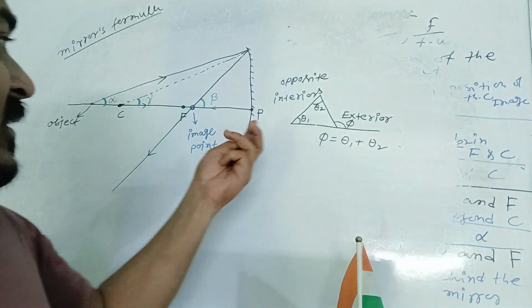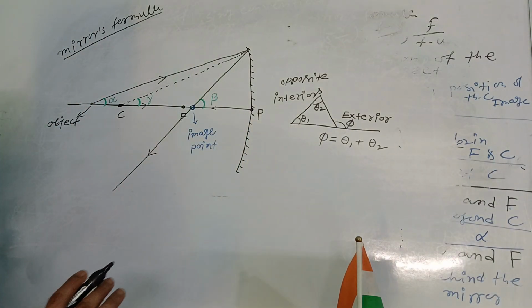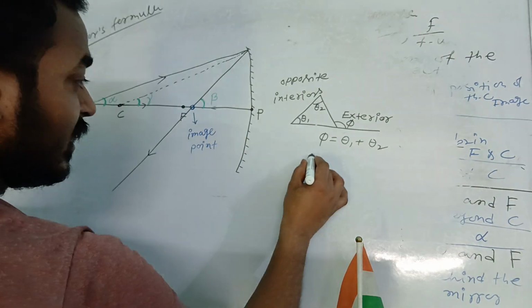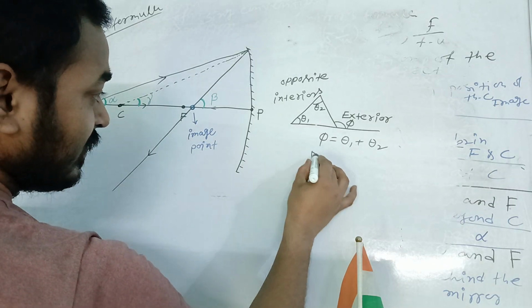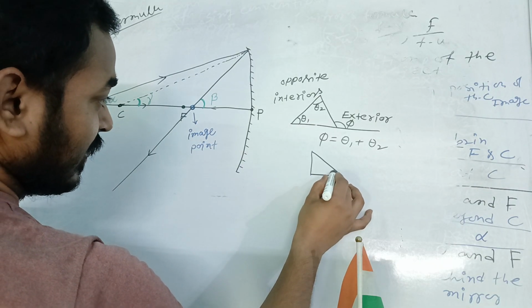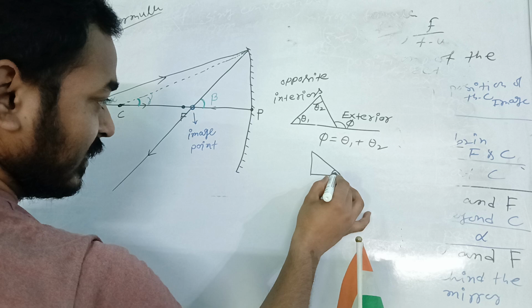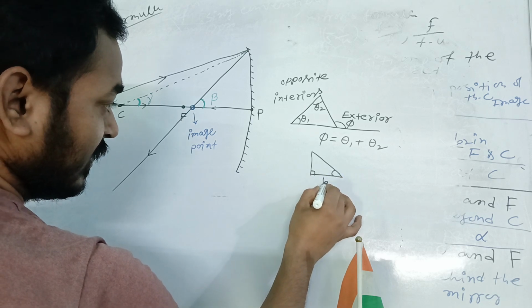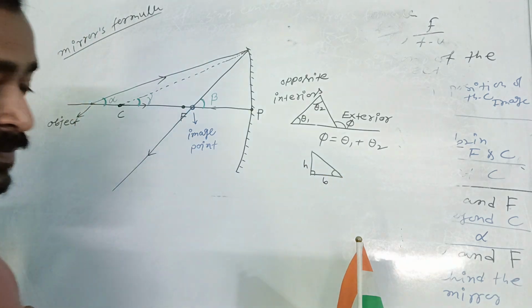Theorem. Then another one: in case of a right angle triangle, if this angle is 90 degrees, then this is the base and this is the height.